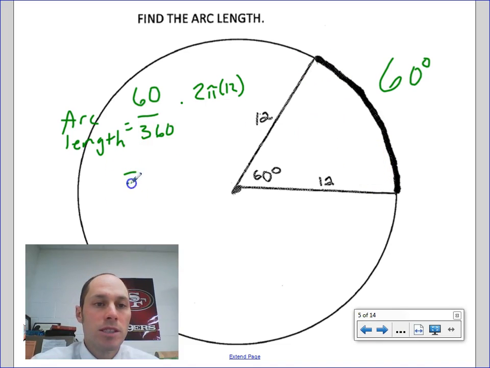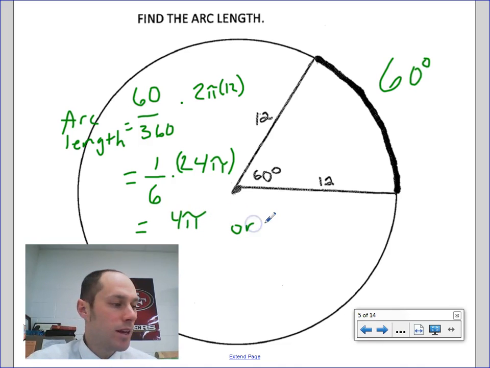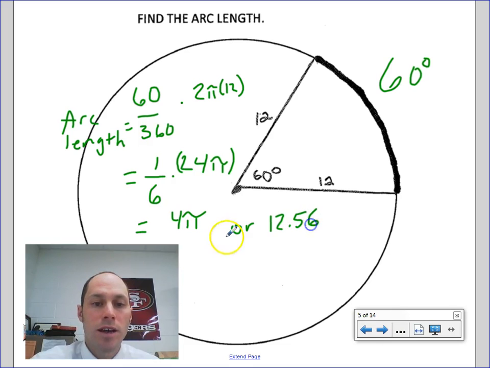So 60 out of 360 is 1/6 times 2 pi times 12, which is 24 pi. And 24 pi over 6 equals 4 pi. So 4 pi would be the length, or if we want to approximate that, 4 times 3.14, and we get approximately 12.56 for our arc length.